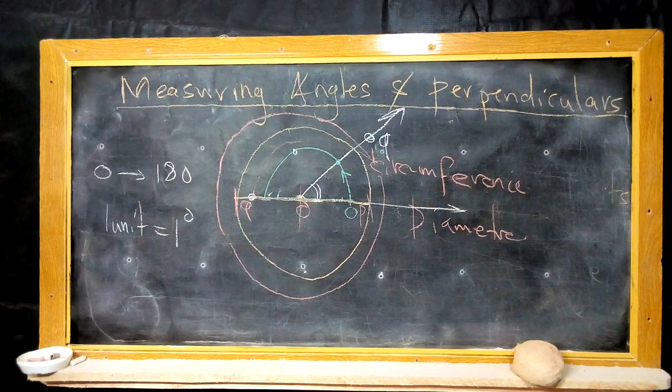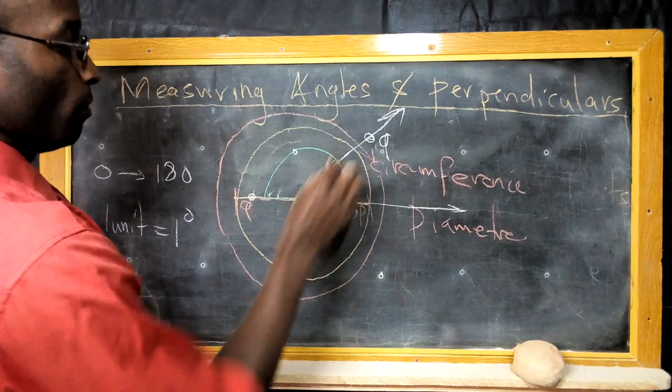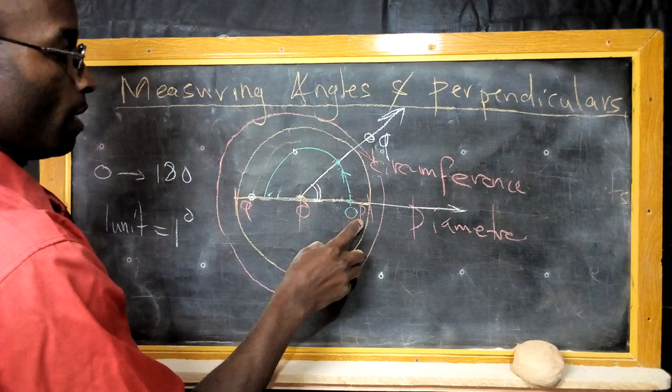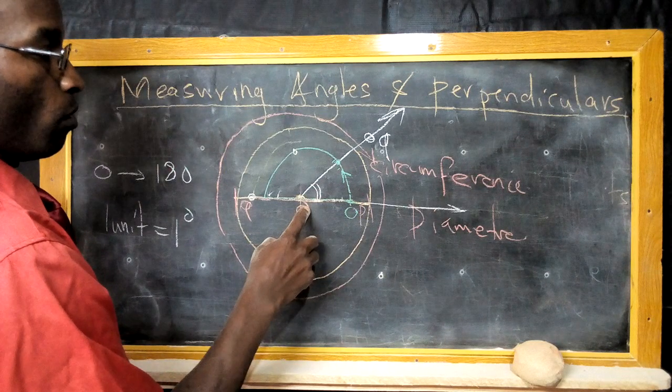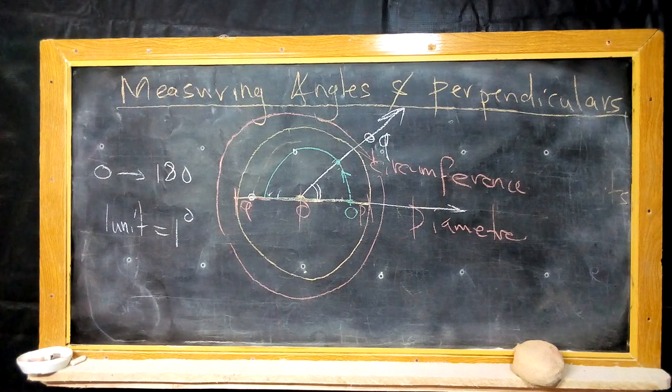So I'll take a reading from the protractor of the extent to which this ray OP has deviated from OQ. And then the measure in between here will be the measurement of the degrees, which I'm going to take from that kind of measurement.